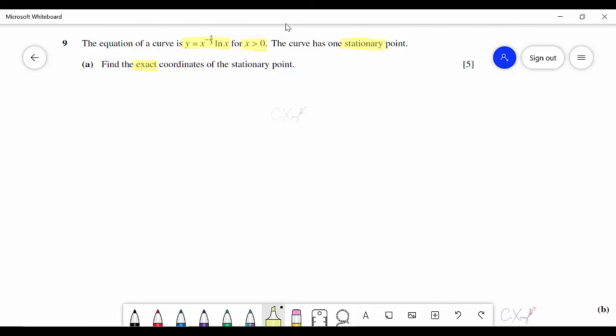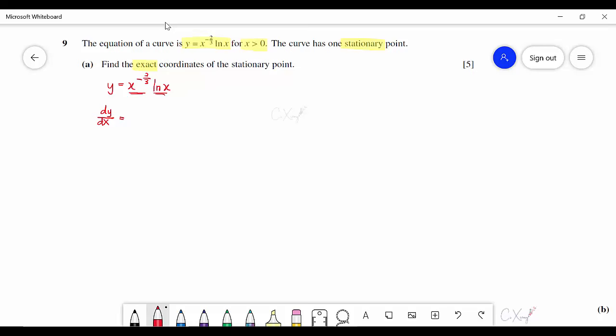Since it involves the stationary point, when you want to find the maximum or minimum, you need to do the differentiation. This is our original equation here. It is actually the product of two separate functions in x, so when you differentiate, you have to apply the product rule. This one is the first bracket, and ln x is the second bracket.